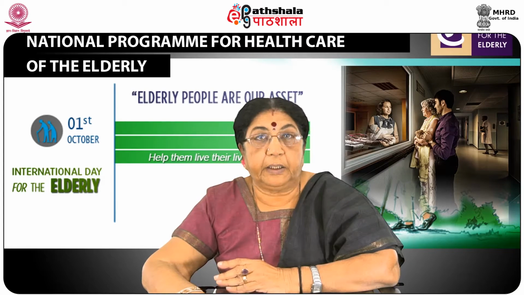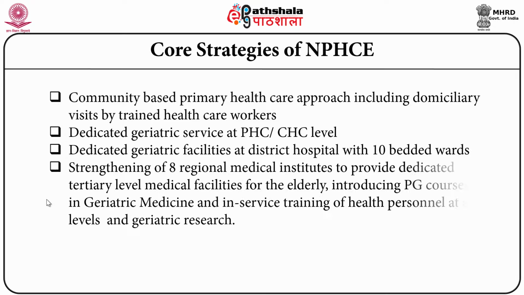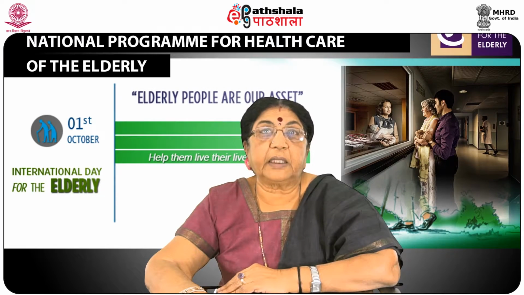which would be needed. Community-based primary health care: now, what are the core strategies of this? Core strategies were based on some important facts. Community-based primary healthcare approach, including domiciliary visits by trained healthcare workers, very important. Then dedicated geriatric service at the PHC and the CHC, Comprehensive Health Center level.